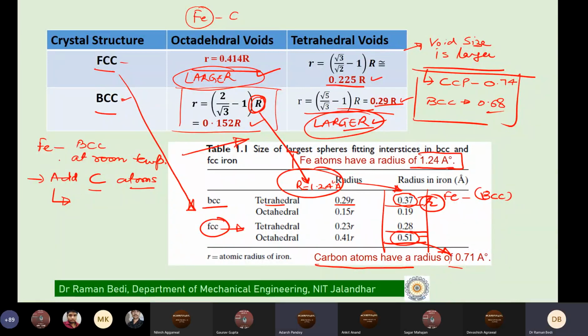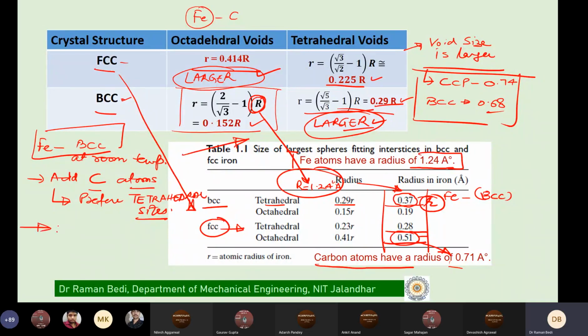In its BCC form at room temperature, when you add carbon atoms, they will prefer tetrahedral sites, although their size is almost double what is theoretically possible as a sphere. I can say nearly double, slightly lesser than double value.